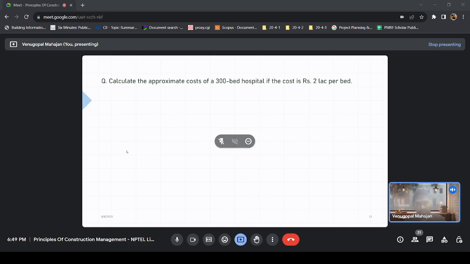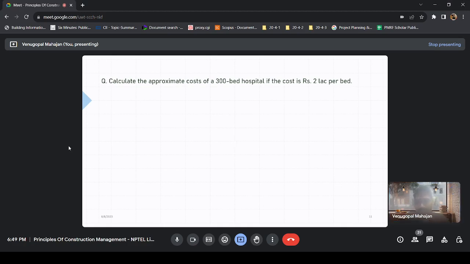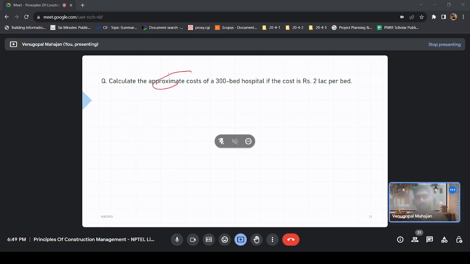Okay, so again a similar question. Calculate the approx cost of a 300 bed hospital if the cost is rupees 2 lakh per bed. We can't calculate quantity based on this data. See, this is an approximate estimate. If you can't calculate with this data, what else do you need?